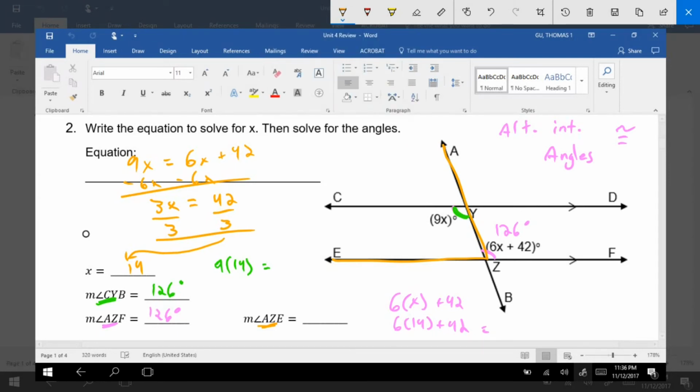They are a linear pair. That means they're going to be supplementary and add up to 180. So if AZF is 126 degrees, what's measure of angle AZE? Let me write it over here. 180 minus 126. So that's going to be 54 degrees. And there we have it. That is number 2.